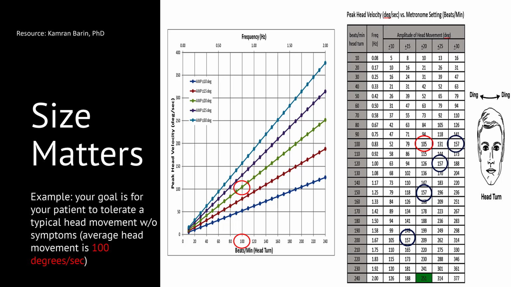You can see in the chart next to the graph that at 100 beats per minute, we've got an amplitude of head movement at 20 degrees side to side at about 105 degrees per second. Those of you who have taken a big interest in the more recent literature suggest that 156 beats per minute are needed to actually have a change in VOR gain.